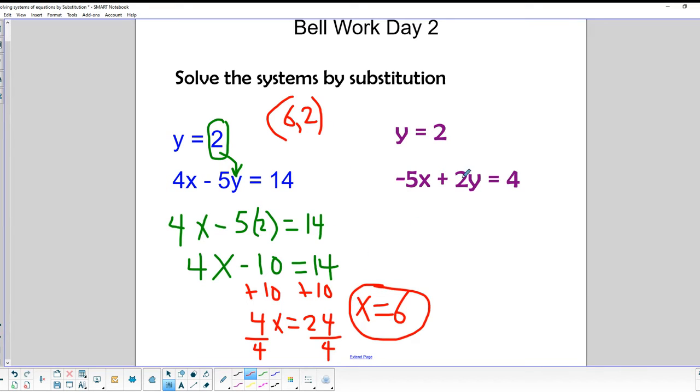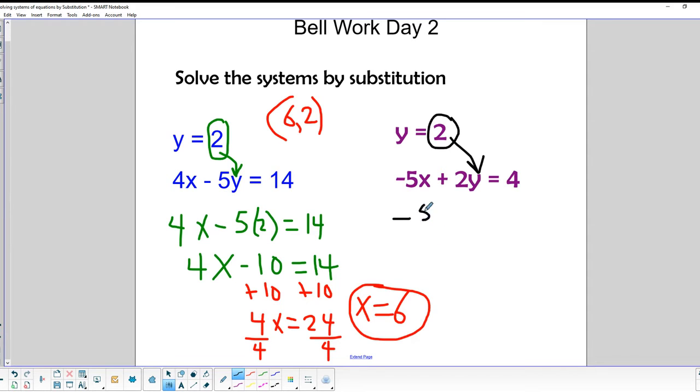Okay, let's try one more. It's very similar to the one we just did. So once again, we recognize that y has been solved in the first one, and it equals 2. And if we graph that, that would actually be a horizontal line going across the graph at 2. So now we're going to substitute that 2 in for y in the second equation.